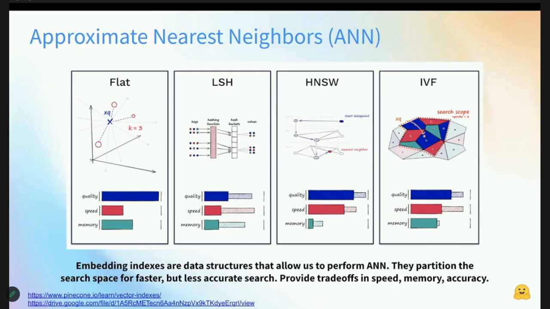And there are lots of different algorithms for this. There are flat indices, locality sensitive hashing, hierarchical networks, inverted files. The thing to know here is that there are trade-offs for each of these, and you can configure them for trade-offs between quality, speed, and memory.